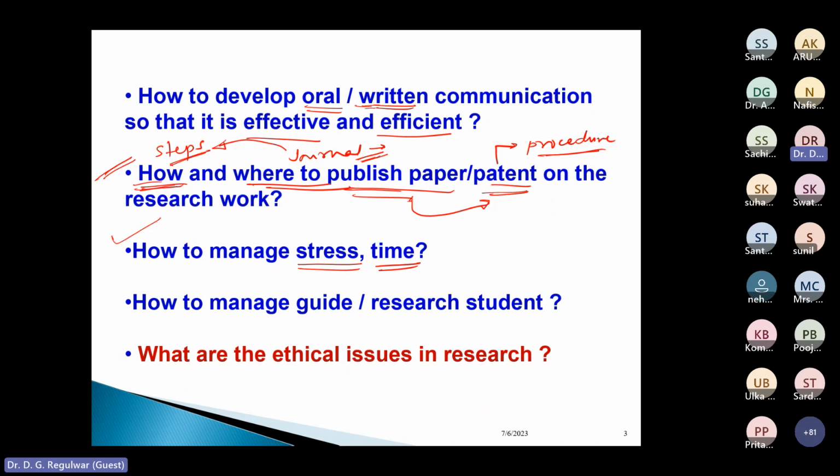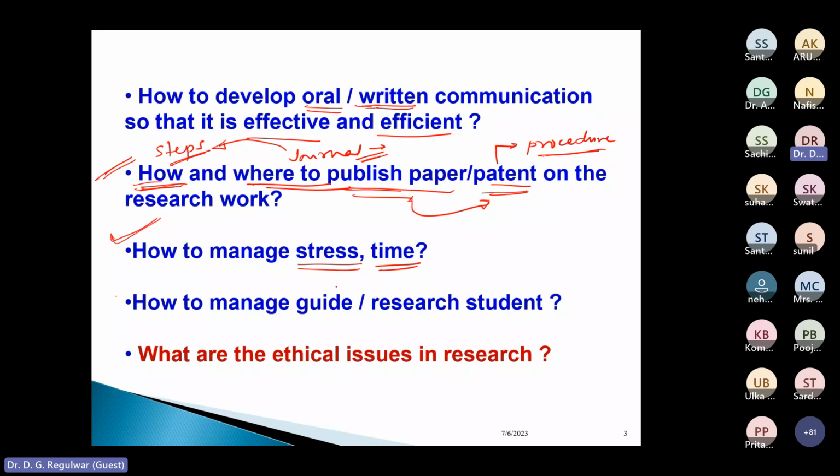This is a very common question to the part-time research scholars. So you have to learn how to manage this stress and how to get the time for research.